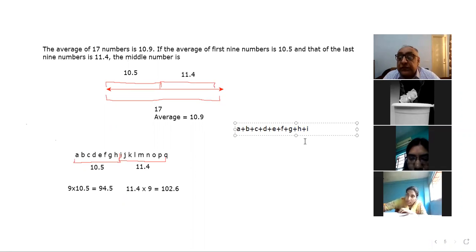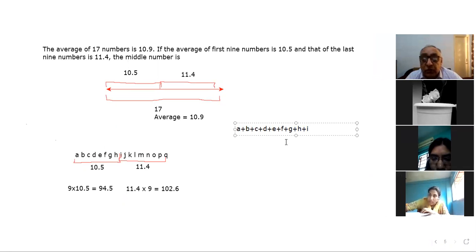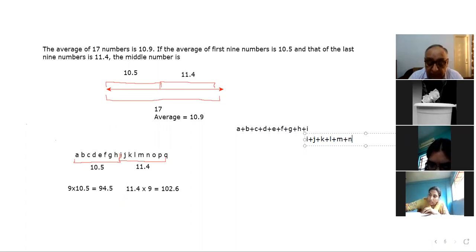I am just doing it so that it is clear to you, so you may not have any doubts. And the last 9 numbers are I plus J plus K plus L plus M plus N plus O plus P plus Q.